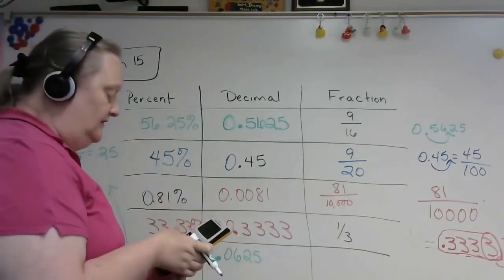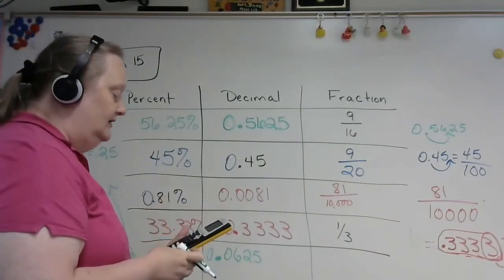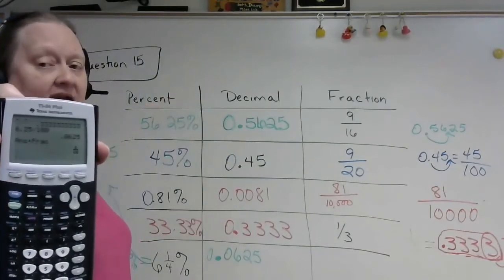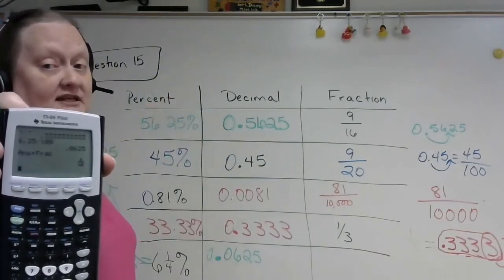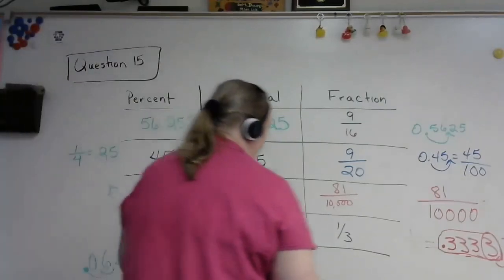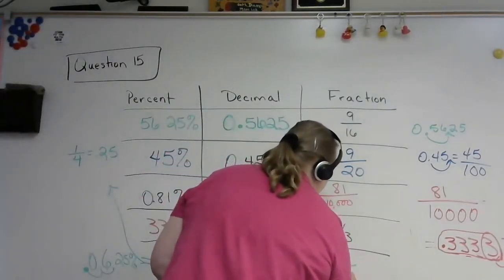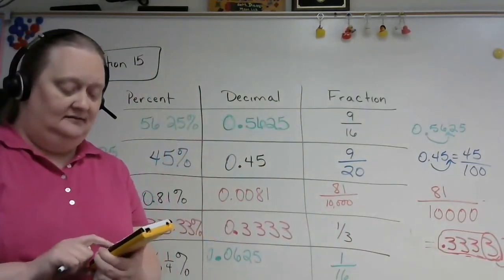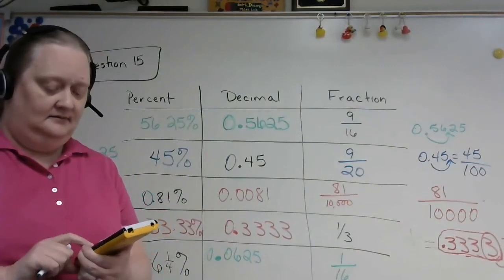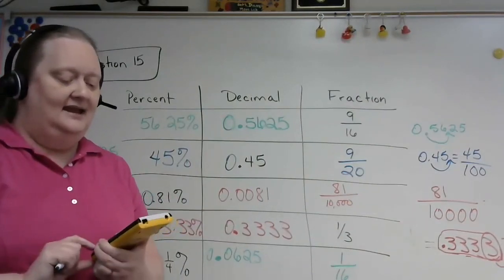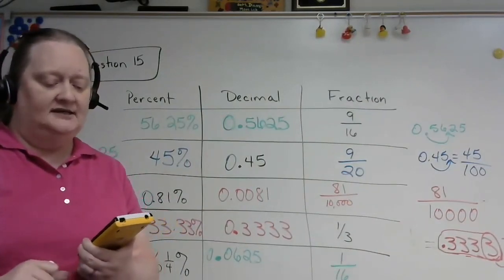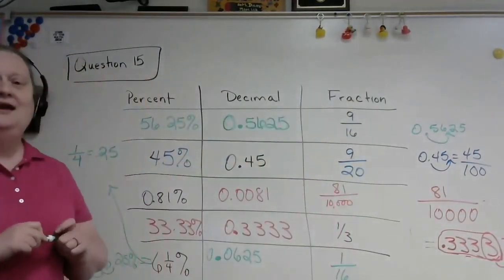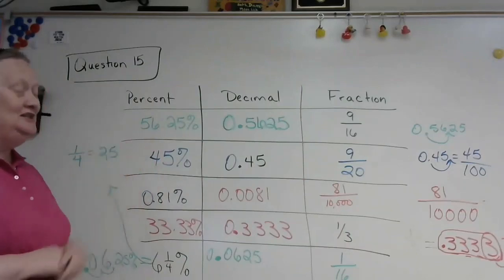And then I can convert that to a fraction. And in this case, it will give me a reduced fraction, which is 1/16. And that gives me a nice reduced fraction. And that fills in our table. So this is question 15.